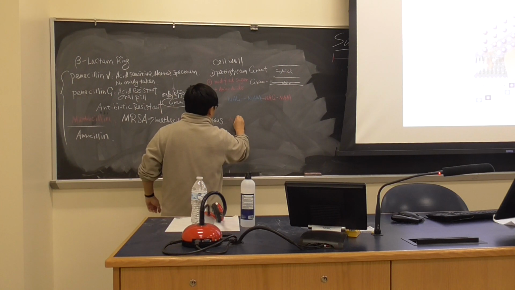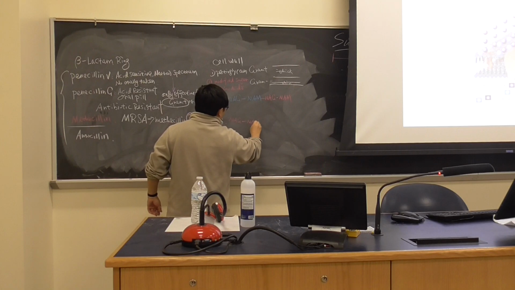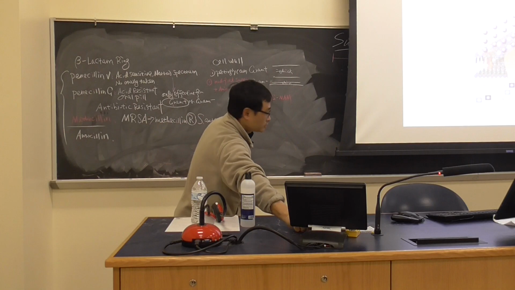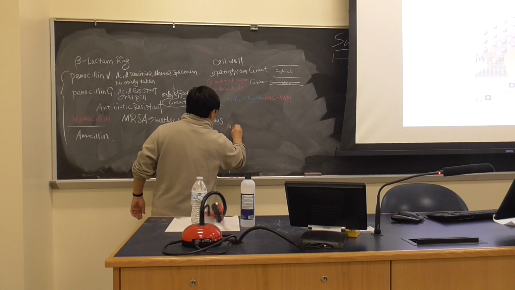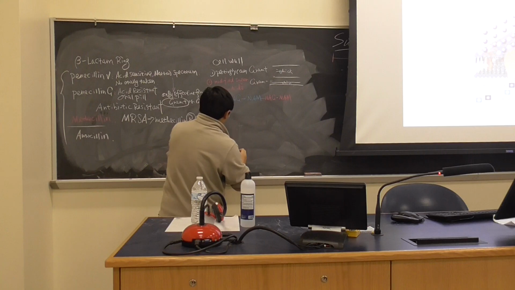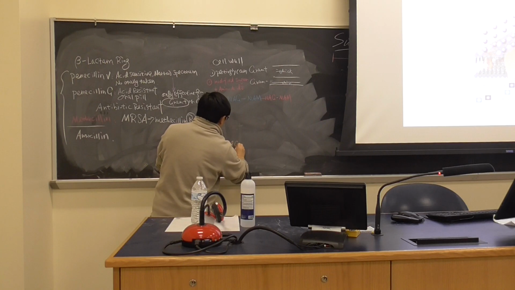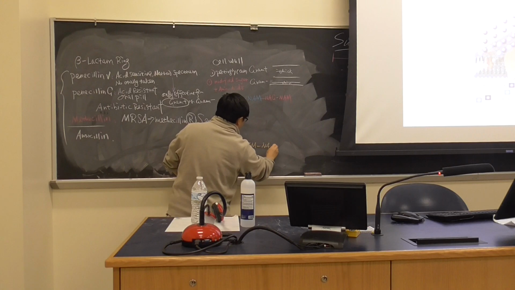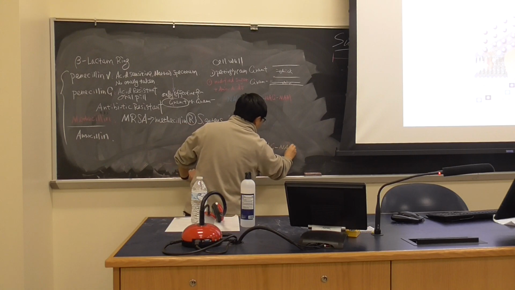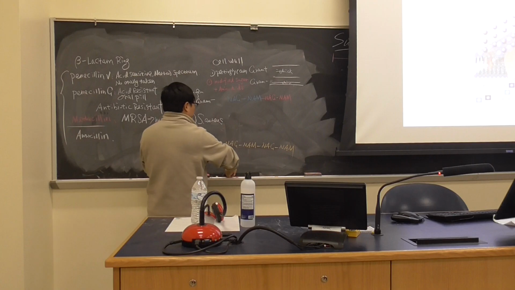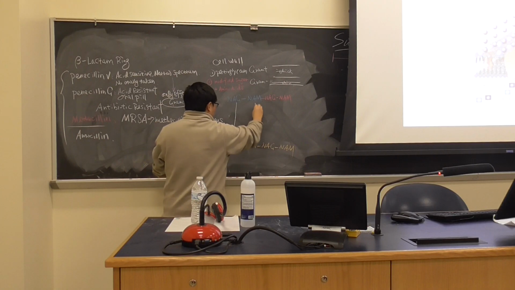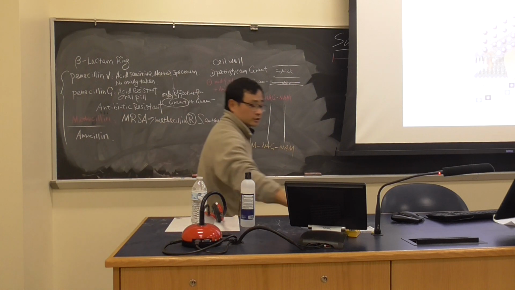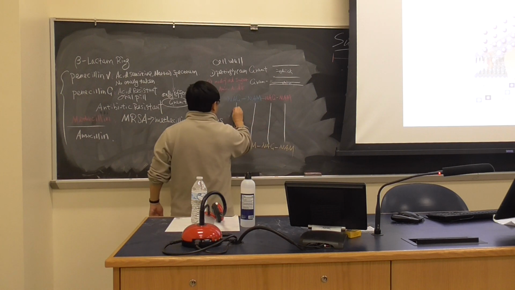Okay, then I have another line right here. I have NAG, NAM. Let's draw a little bit more distance. So I have NAG, NAM, NAG, NAM. How do they do this? They link together with what?